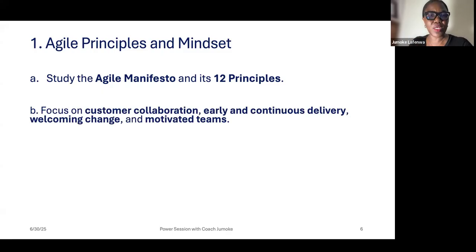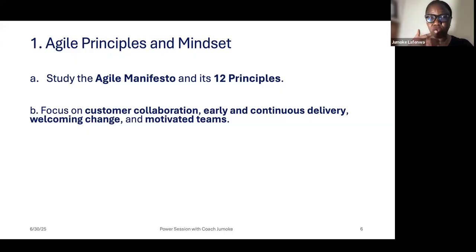Another thing you need to know is you need to focus on customer collaboration, early and continuous delivery. Because if it is not early and continuous delivery, then we are talking about predictive. But if you are talking about agile or adaptive, you are talking about customer collaboration where change requests can be made anytime in the project, and then you want to deliver value early.